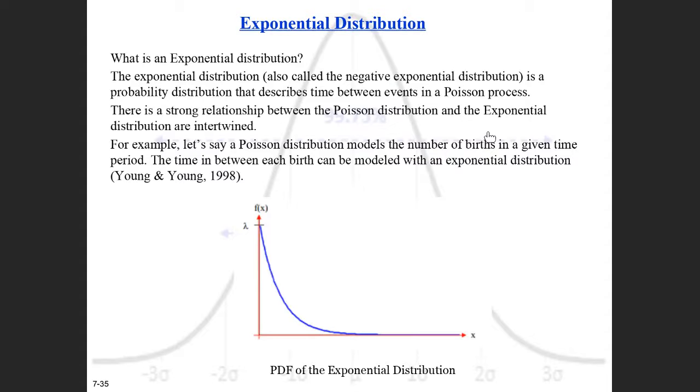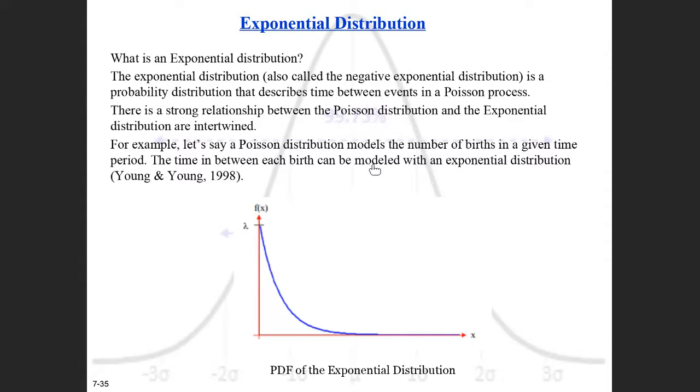All right, talking about an exponential distribution. The exponential distribution, also called the negative exponential distribution, is a probability distribution that describes time between events in a Poisson process. There is a strong relationship between the Poisson distribution and the exponential distribution.